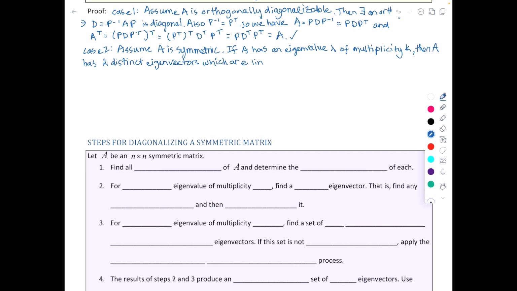Which was from, I think, that real spectral theorem. And in our little workbook, it was theorem 4.23.